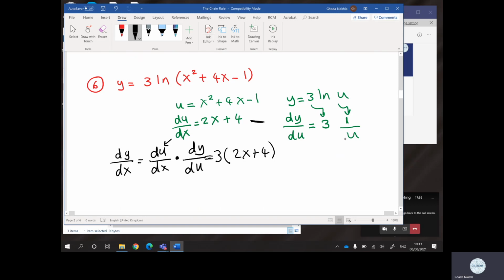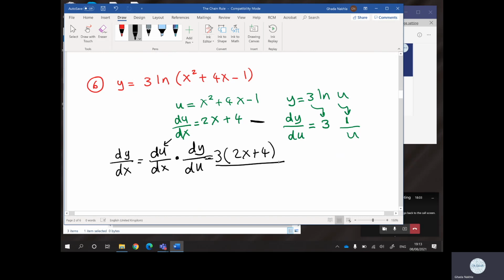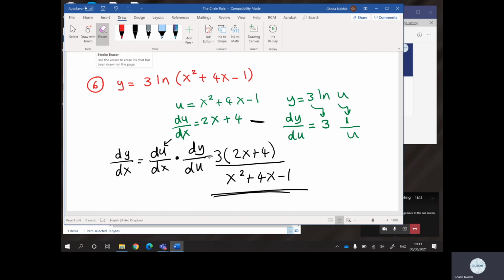And then multiplied by 1 over u, and u is x squared plus 4x minus 1. And that's the answer. Let me make this slightly clearer: 3 bracket 2x plus 4 over x squared plus 4x minus 1.